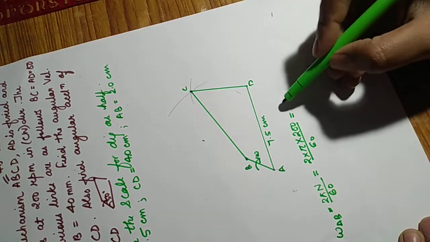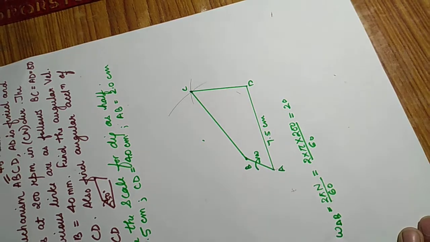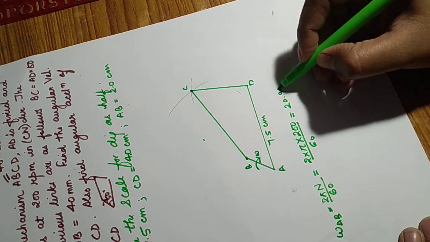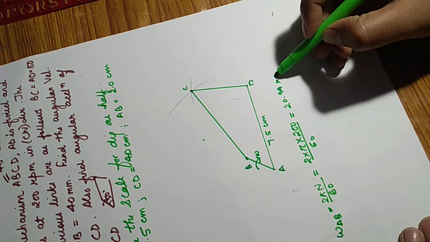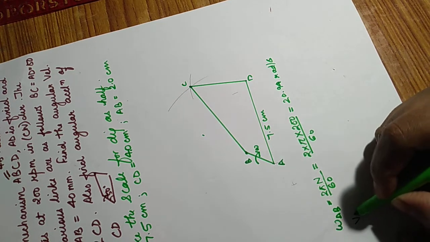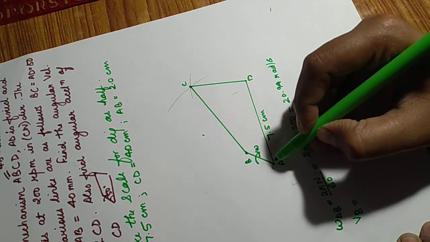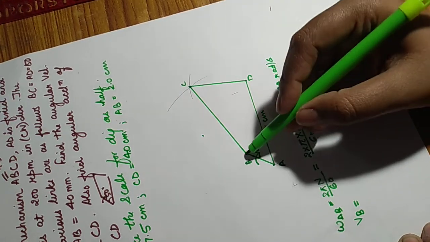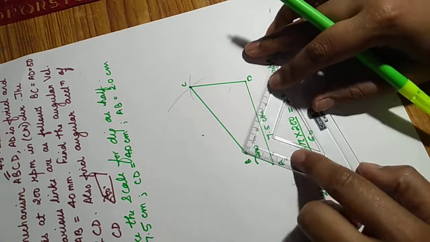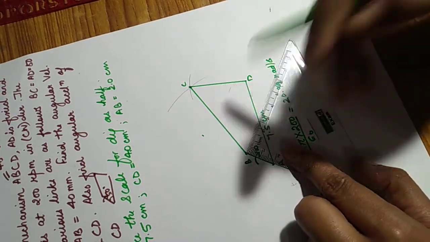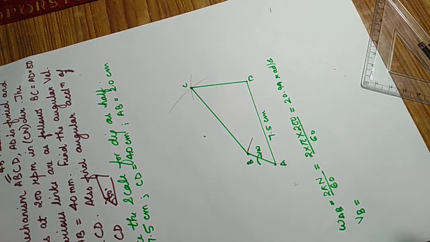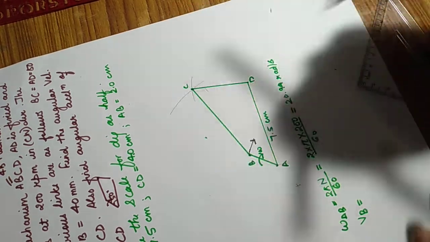So it is 20.94 radians per second. And from this we can find out the velocity at point B. Because AD is a fixed link, B will have a velocity which will be perpendicular to this particular direction, and the direction is also obtained from the angular velocity.